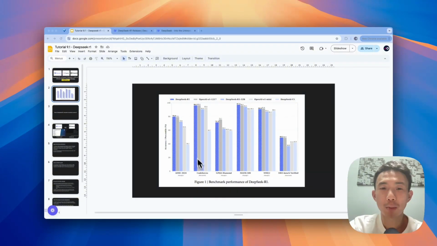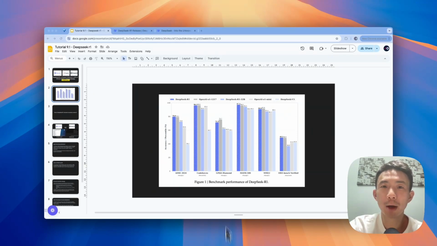And the second benchmark is Codeforces. It's a competitive programming platform testing algorithm design and coding efficiency. You can see it is really a head-to-head competition between DeepSeek-R1 and OpenAI's O1 model here.